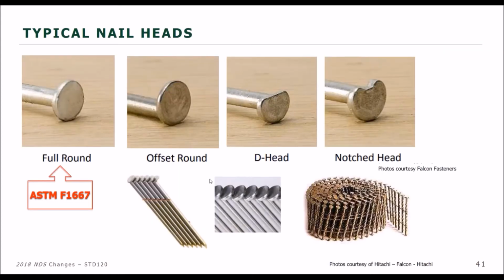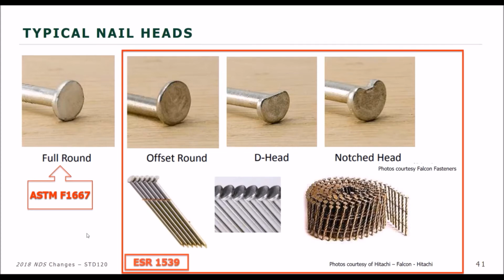So let's talk a little bit about nails. The nails that you see in the NDS are based on ASTM F1667, as Michelle has mentioned a couple of times already. There are provisions for what are called power-driven fasteners in various evaluation reports.